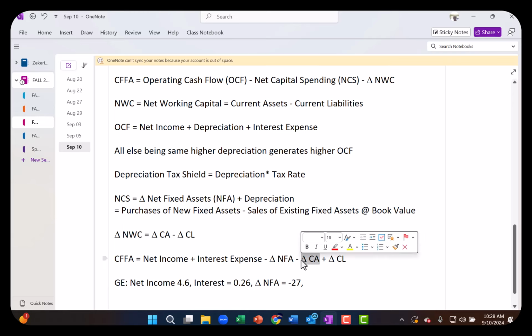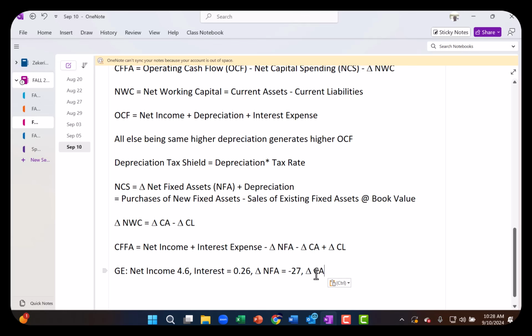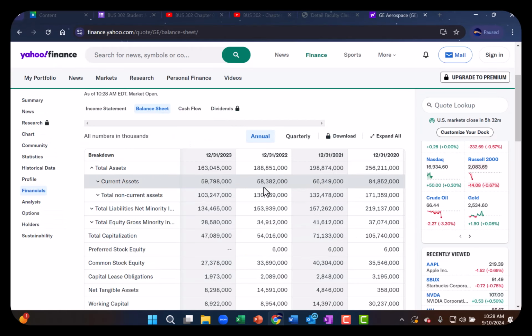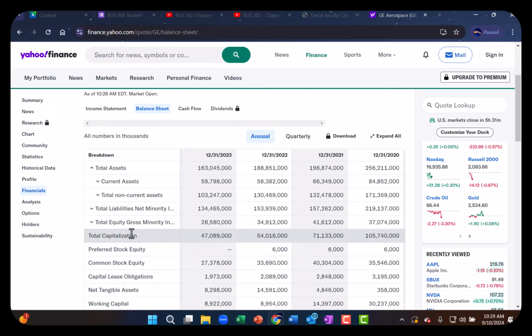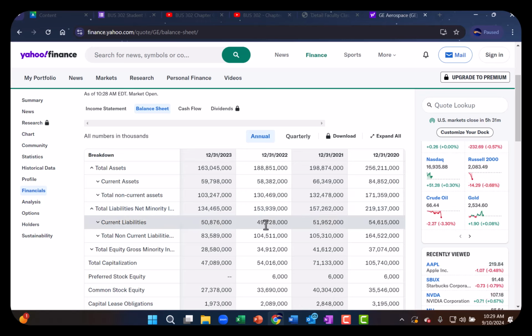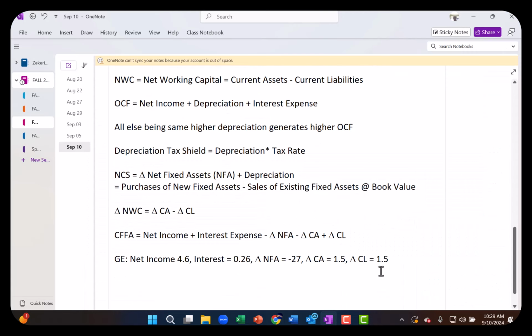That's positive 1.5. That's also about positive 1.5. Well, in this case, it is $31 billion.